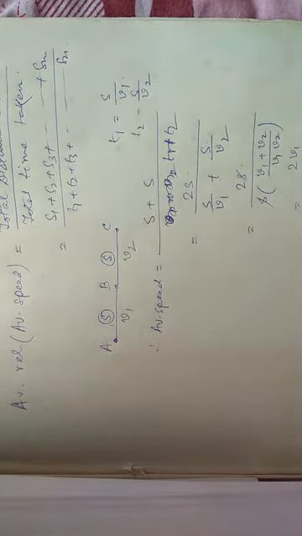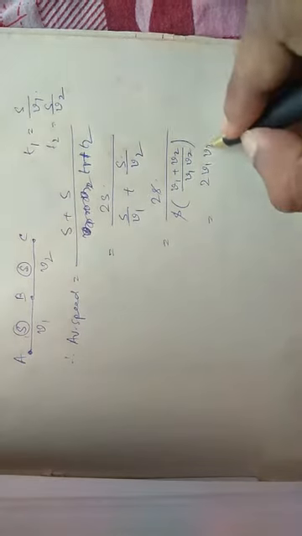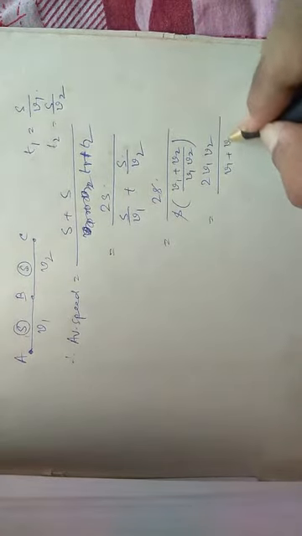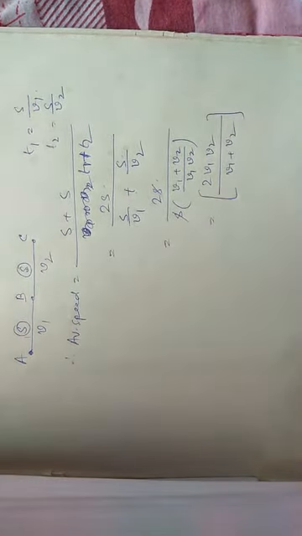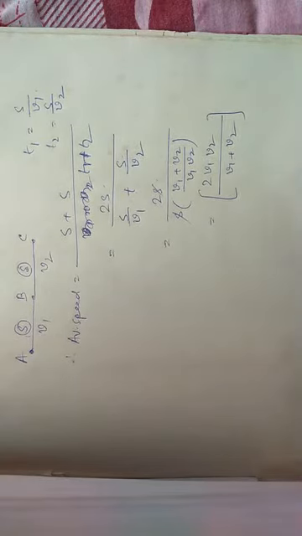So we get 2 v1 v2 by v1 plus v2. And this is the average speed or velocity for a body covering equal distances with different speeds.